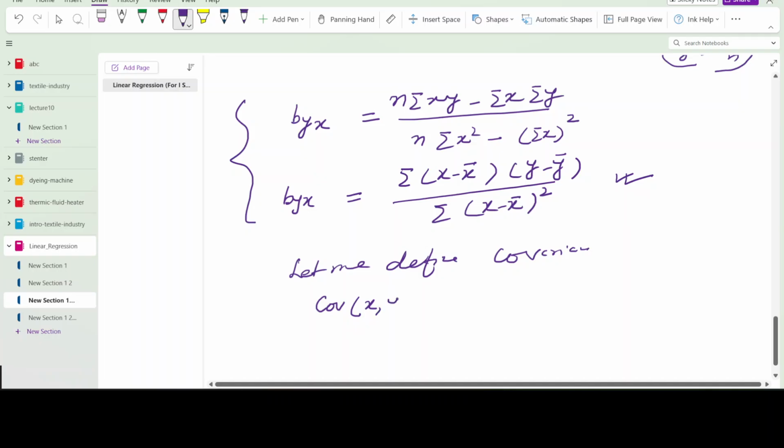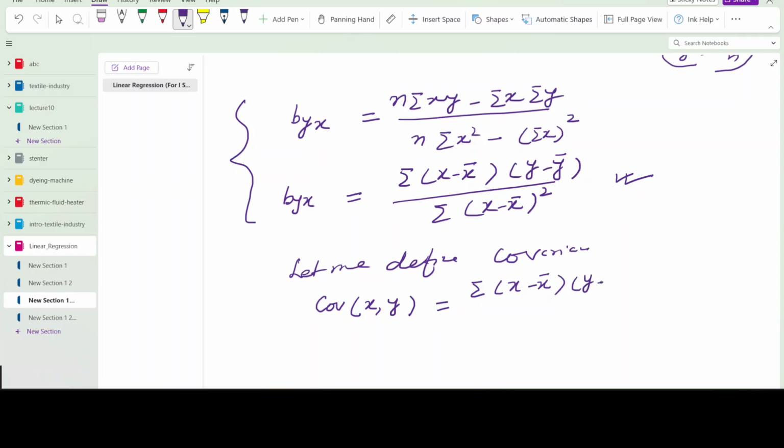Covariance xy is equal to sigma (x minus x bar)(y minus y bar) divided by n.